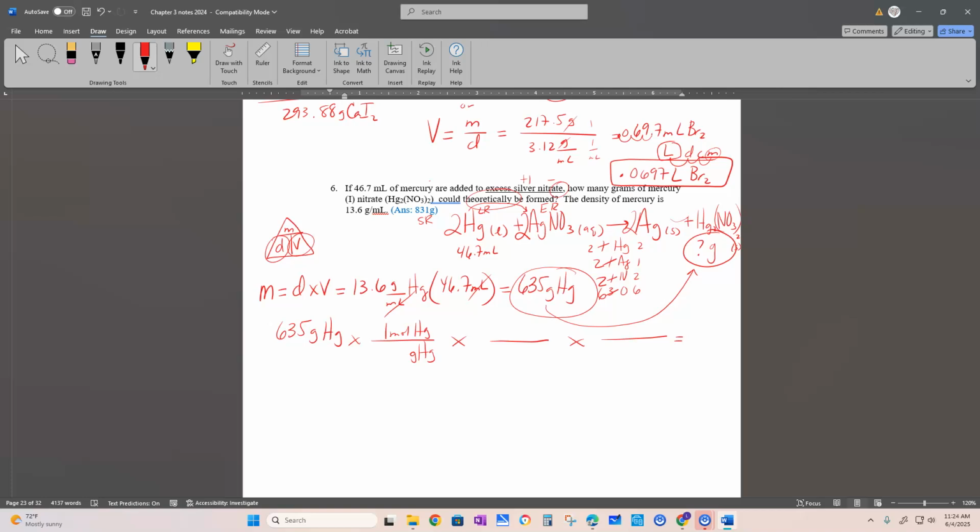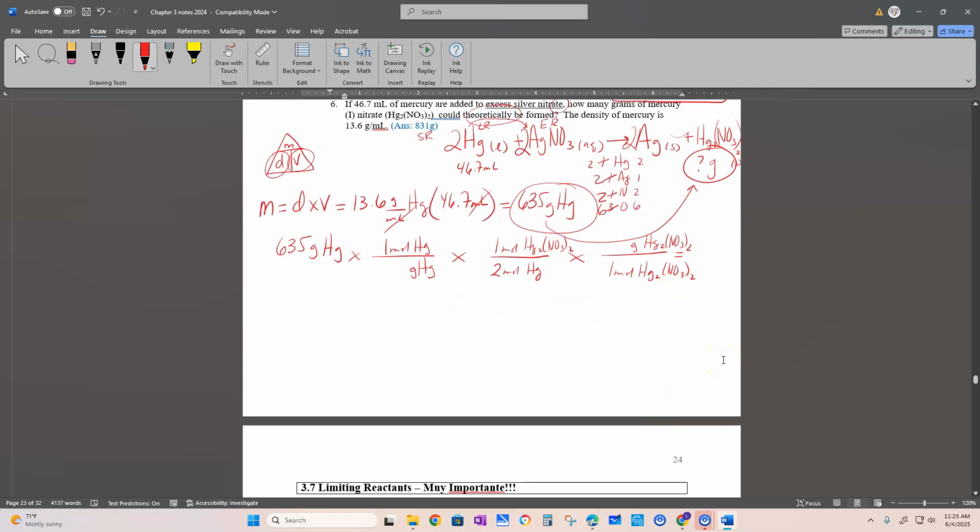And I see 2 moles of mercury, and I only see 1 mole of that product. So 2 moles of mercury and 1 mole of that product. And because we want grams, we need molar mass. And because I know you enjoy so much solving for molar mass, I'm going to let you continue. So in the end, ladies and gentlemen, we should get 831. And I'll see you on the next video.